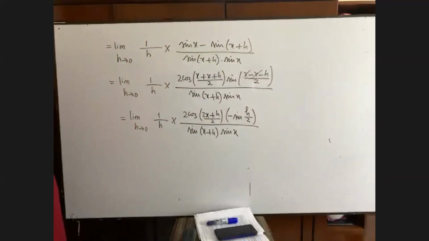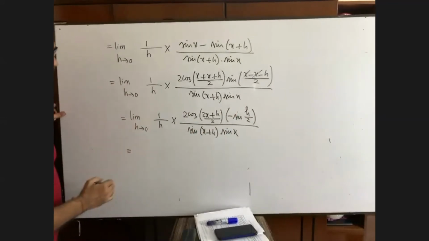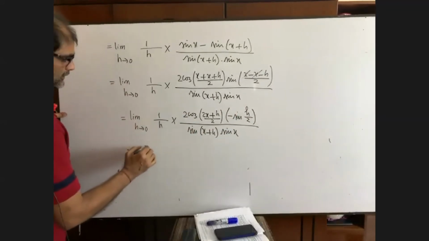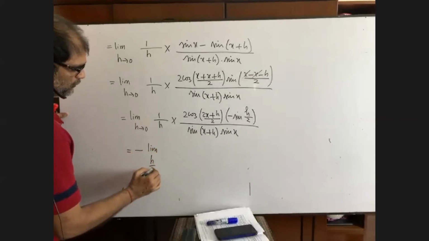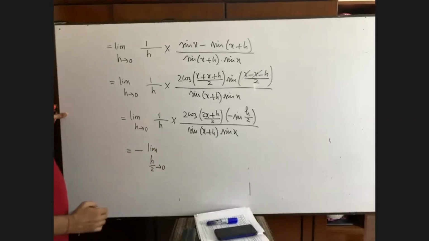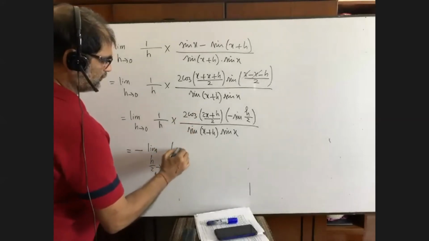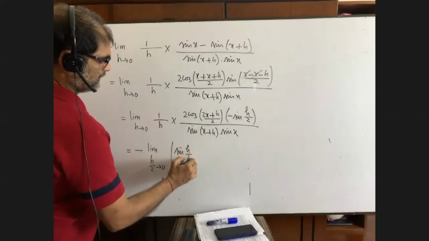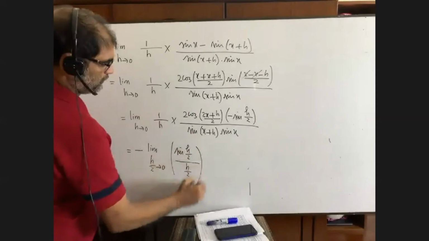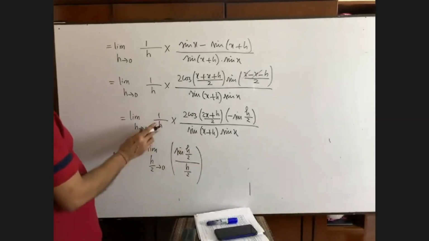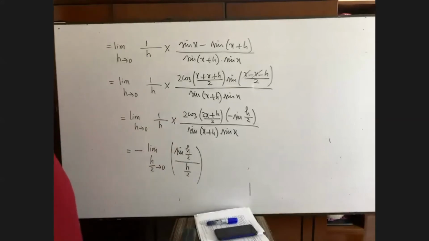Now, as usual, the minus will be taken out at first: minus the limit as h by 2 tends to 0 of sine(h/2) by h/2. You see, this is h and this 2 has been taken here.